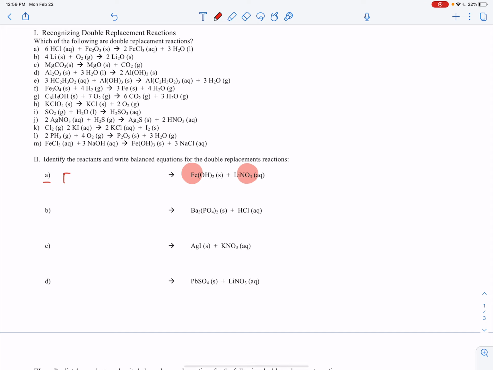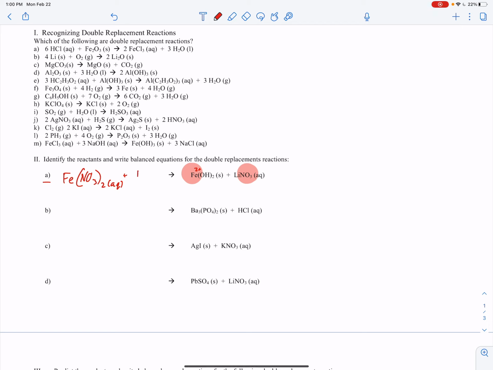You have your iron paired up with the nitrate. And nitrate has a -1 charge, and iron, according to this, has a 2+ charge. So that would be Fe(NO3)2, and all nitrate compounds are aqueous, so this one's aqueous.